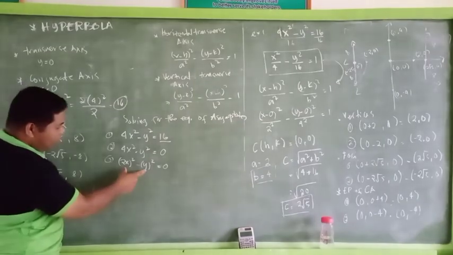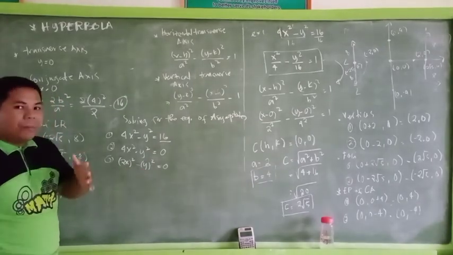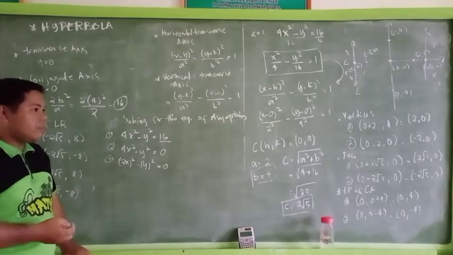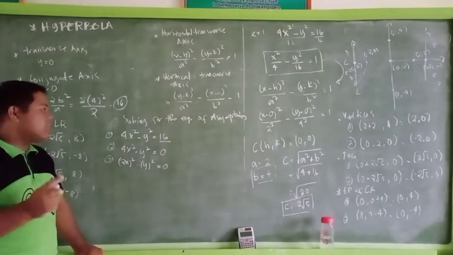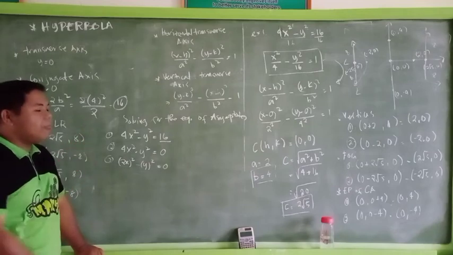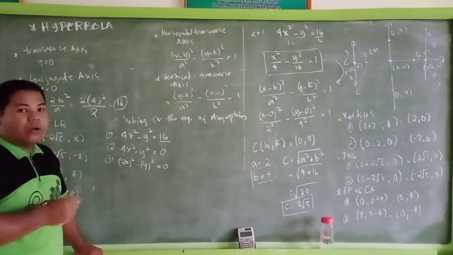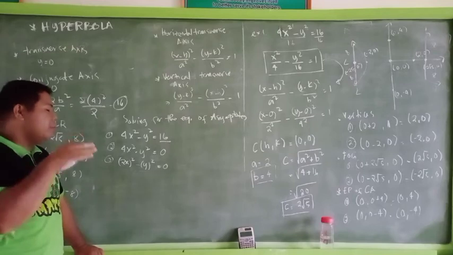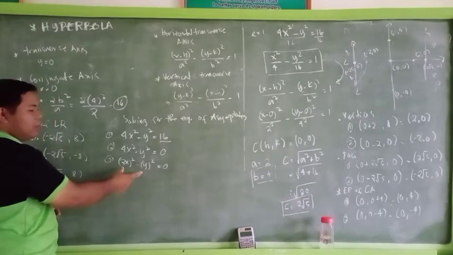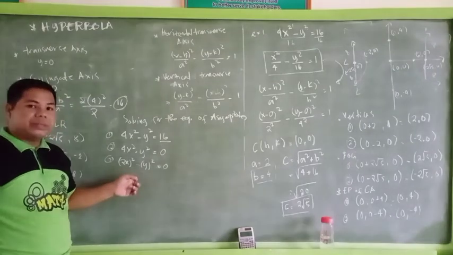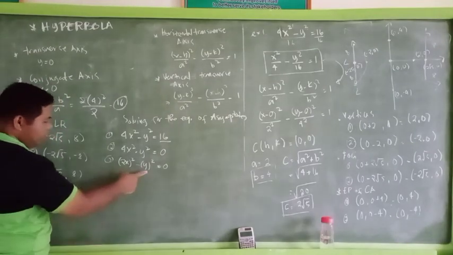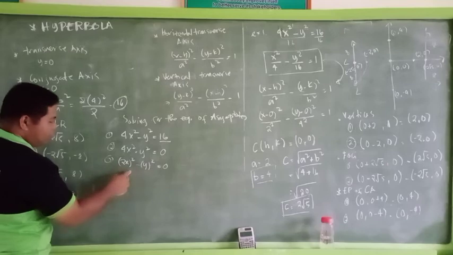So bakit ko siya ginawang ganito? Para makakuha ko ng sum and difference of two terms. Kasi yun yung magiging equation ng asymptotes po. Ganun lang naman yung purpose kung bakit po kinuha yung difference ng 2 squares. Nakuha. So, as you can see, meron tayo dito difference ng 2 squares.